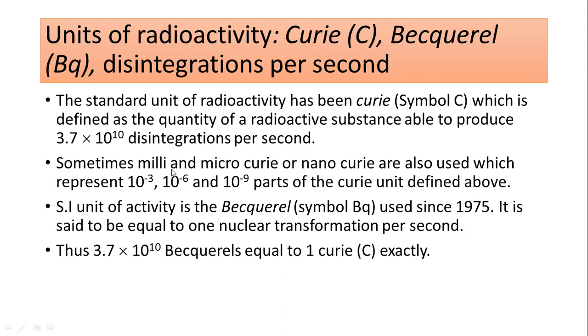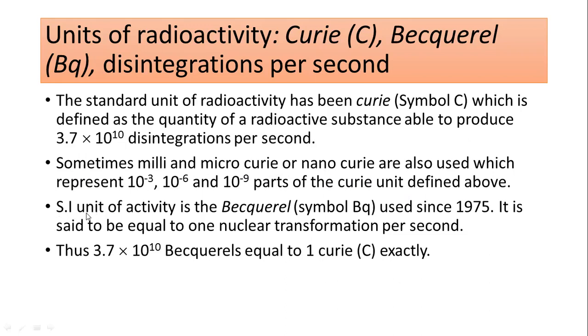Sometimes we will use milli, micro, or nano Curie, and these are used to represent 10^-3, 10^-6, and 10^-9 parts of the Curie unit as defined here. So similarly, as per the radioactivity, you can use the lower or the higher units.